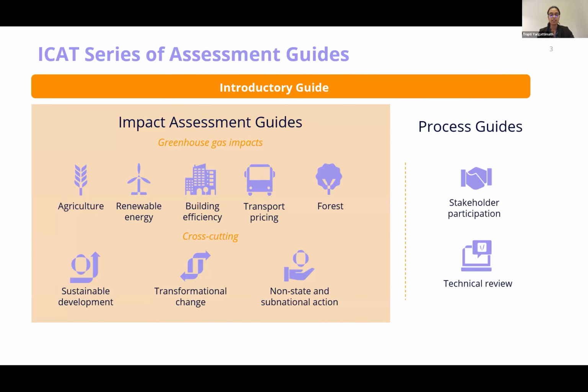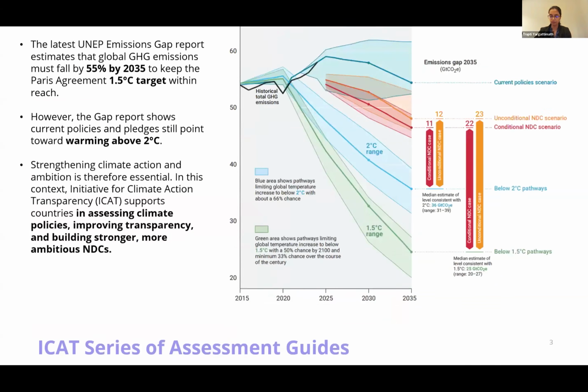And cross-cutting assessment guides provide methodologies for assessing sustainable development, transformational change, or the contributions of non-state and subnational actions. Finally, the process guides support stakeholder engagement and technical review. We also have the overarching introductory guide that has been developed, and this provides an overall framework for understanding and applying the assessment guides.